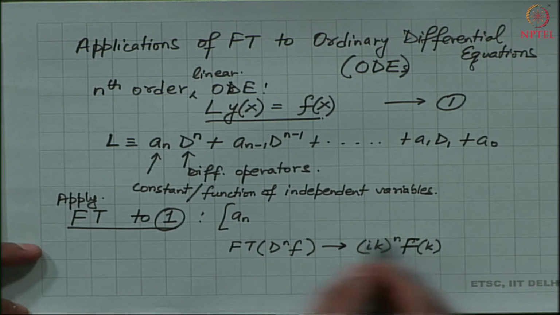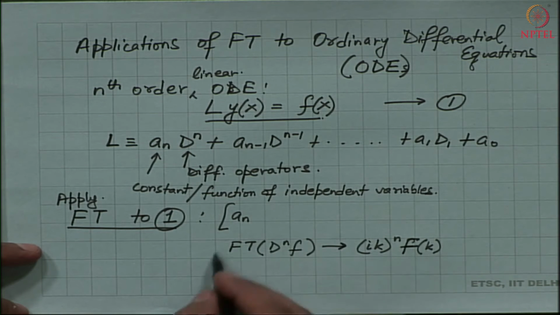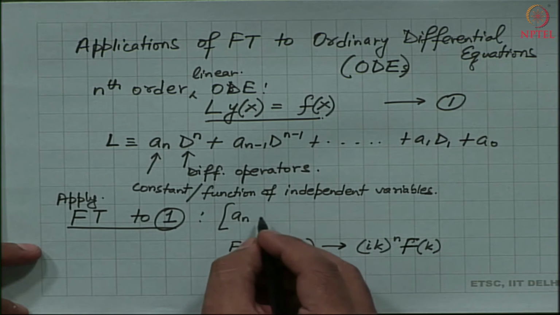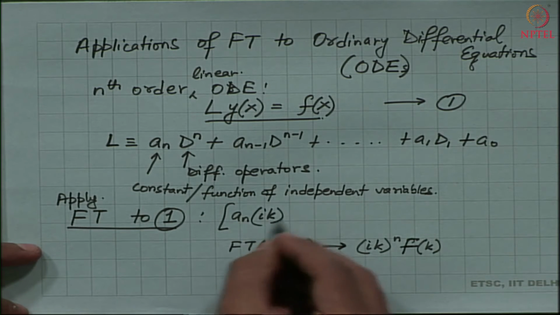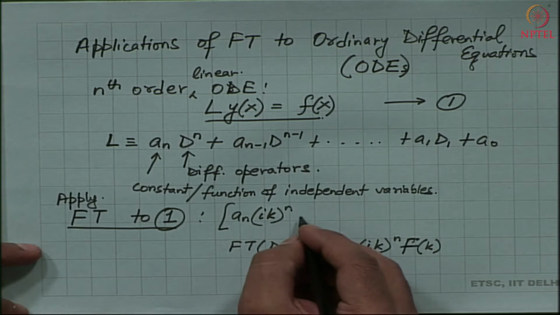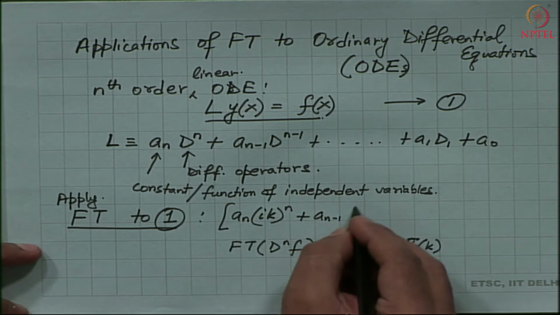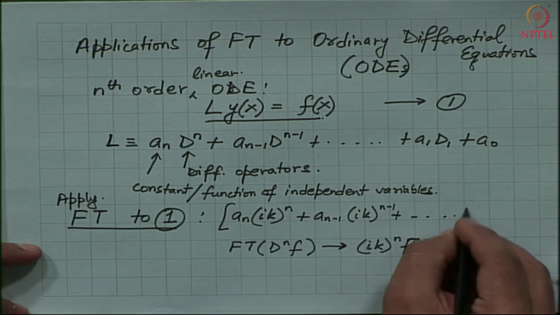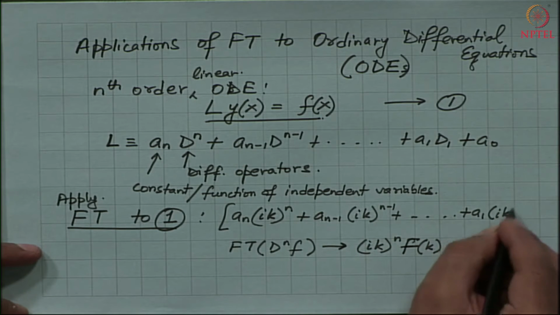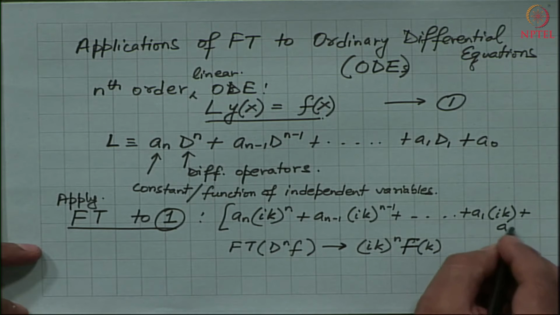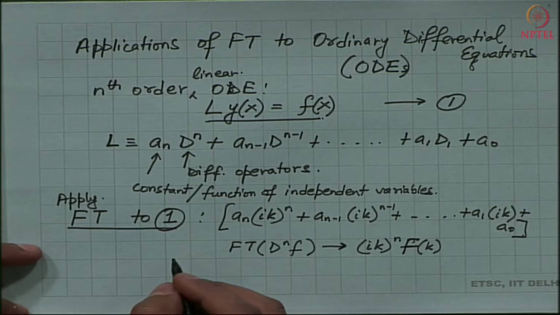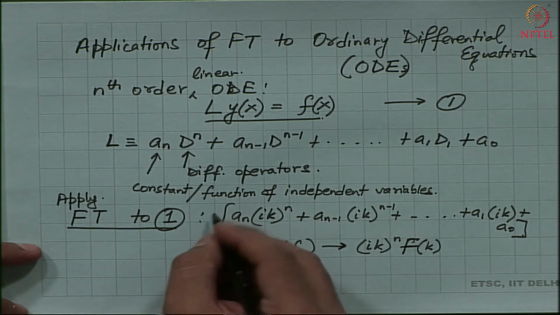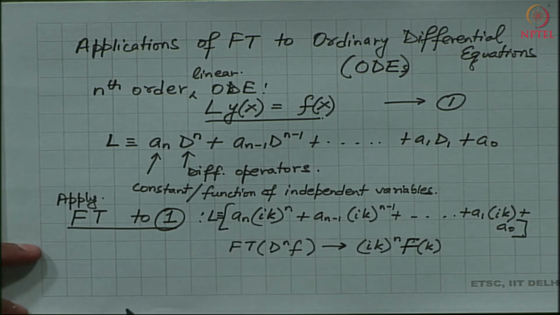This derivation was done earlier, and this expression was already deduced in one of my previous lectures. So my application of Fourier transform to 1 gives me the following expression. So I get a_n (ik)^n plus a_{n-1} (ik)^{n-1} and so on. I get a_1 (ik) plus a_0. Okay. So that is my L operator, right.